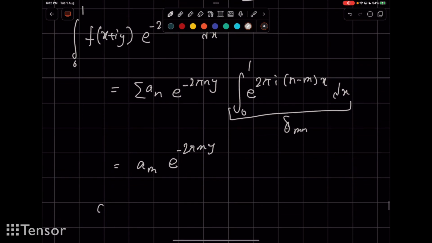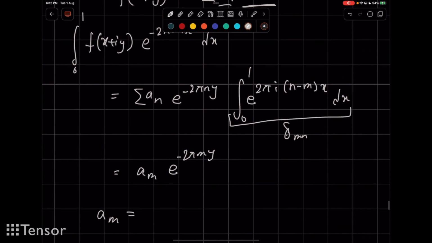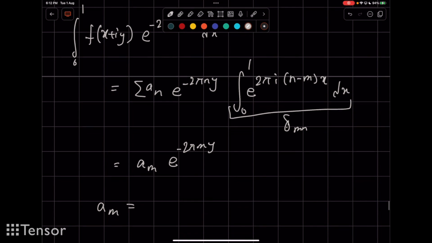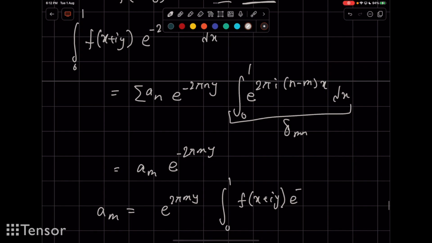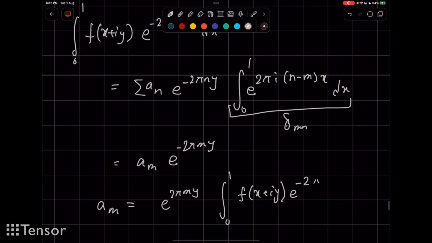So what is am? Am is just e to the 2 pi my times the integral of f of x plus iy e to the minus 2 pi i mx.